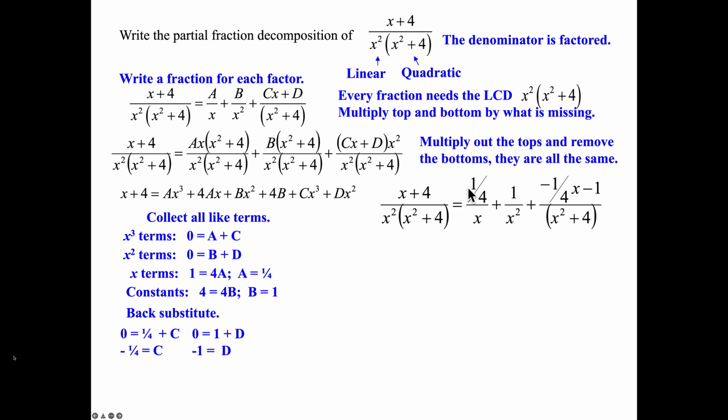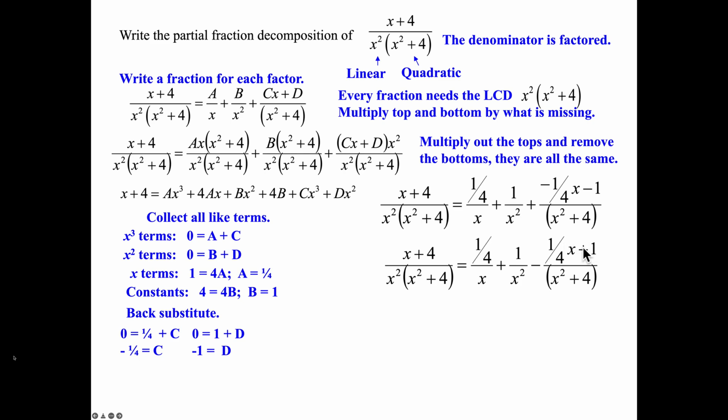It's okay to put a fraction up in the numerator. Now, you might notice that on this last fraction, both of these terms are negative. You might see the answer with both negatives factored out and change this plus sign to a minus sign, and then these two terms are both positive.